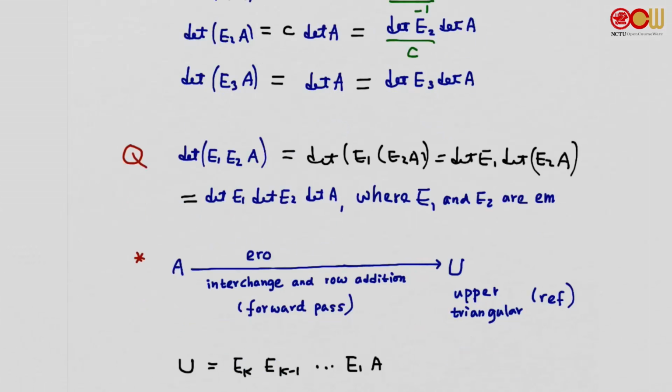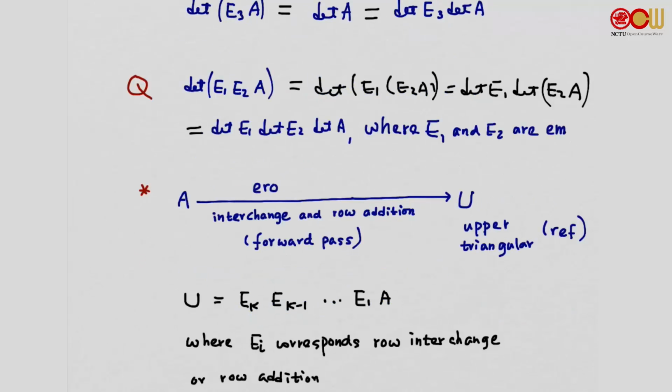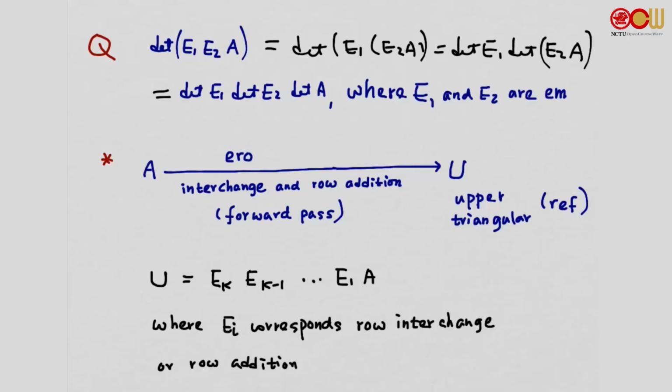We obtain U using a series of elementary row operations. So U can be written as E_k to E_1 A for some elementary matrices. Each E_i corresponds to a row interchange or row addition, because in steps 1 to 4 we use only row interchanges and row additions. And remember, when we apply a row interchange, there's an extra minus 1 when we consider determinants. And when we apply row addition, there's no change in determinant.